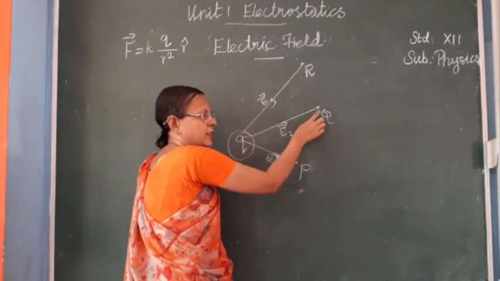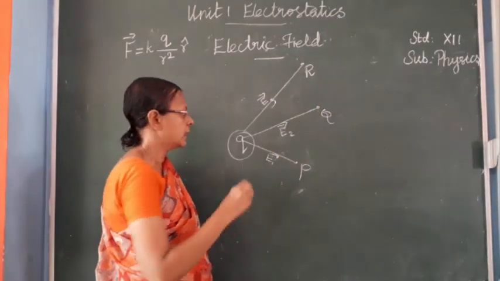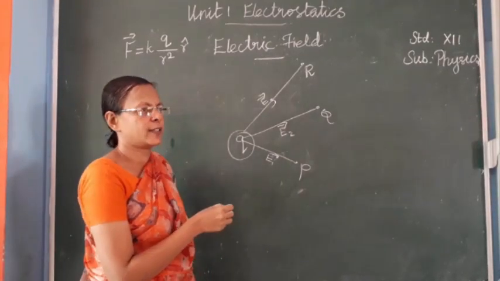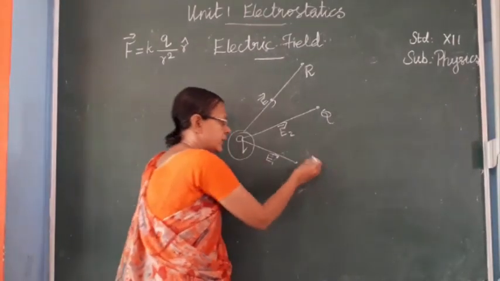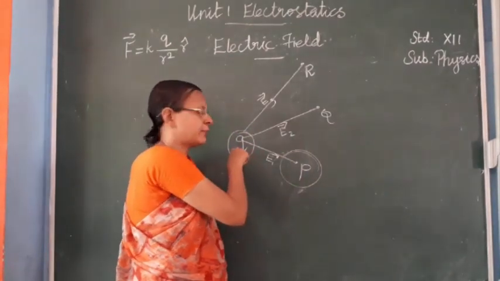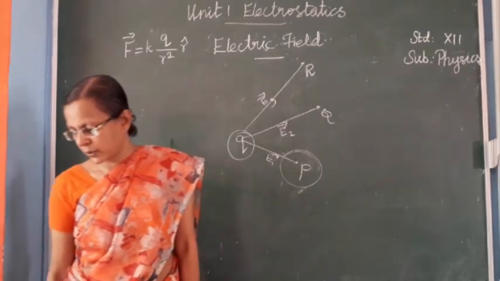As the distance increases, the electric field decreases, and the force also decreases. So it is experiencing more and more electric field lines from this source charge. That is the next aspect.